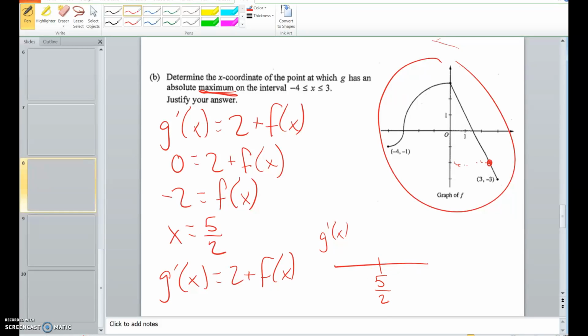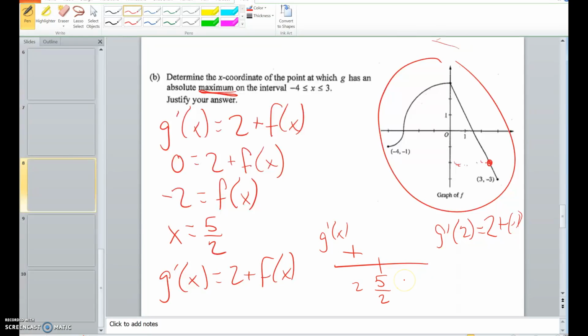If we plug in a value to the left of 5 halves, so let's say our test value is just 2, when we plug in 2 into g prime, you get 2 plus, and then f of 2 looks like maybe it's about -1. But you're going to get a positive number here.